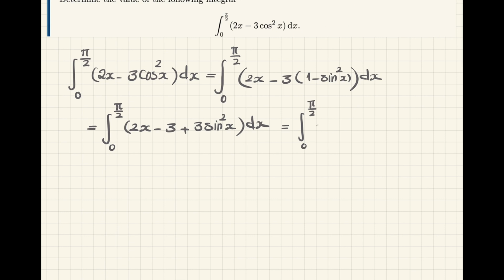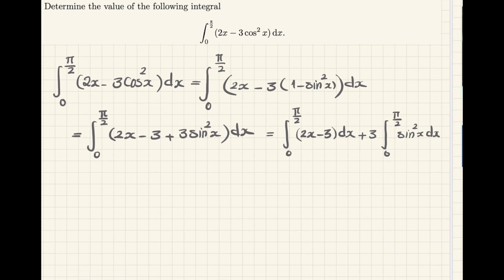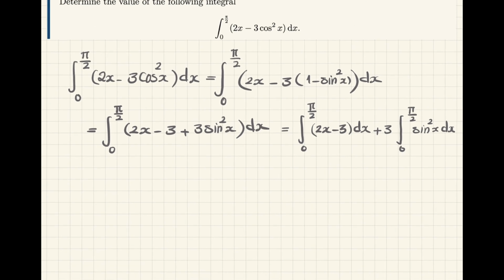For example, I can take this first function to be this. If you want to, you can decompose it to more integrals, but it is unnecessary. I will decompose it into 2, and for the next one I pull the 3 out, and I will write from 0 to pi over 2 sine squared x dx. Okay, just let me wait a little bit. Is everything understandable here?